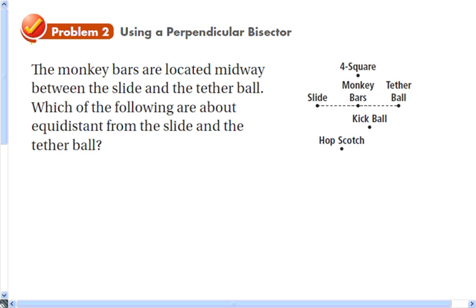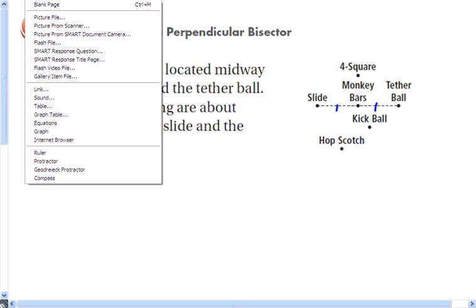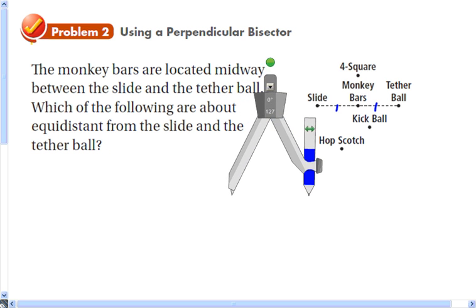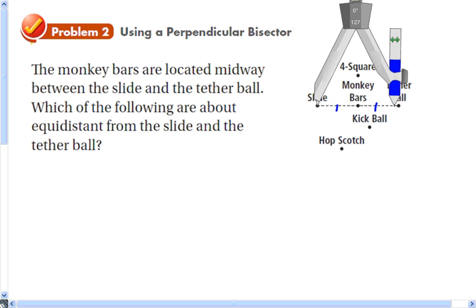So if it is equidistant from the slide and the tether ball, and the monkey bars are located midway, those segments are congruent, then we draw the perpendicular bisector, and the way we would do that is we would use our compass to draw the perpendicular bisector. This is just a little reminder here.